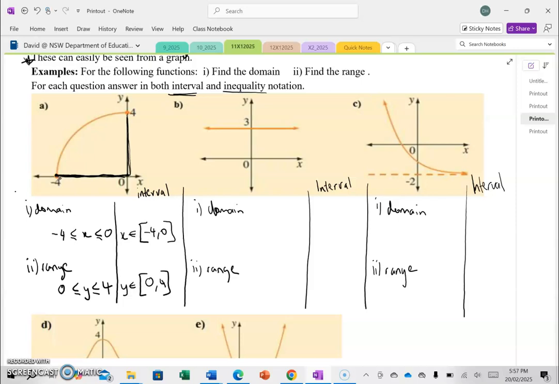I think it's sufficient just to write down the braces and what's inside. That's enough. We know we're talking about domain and range.